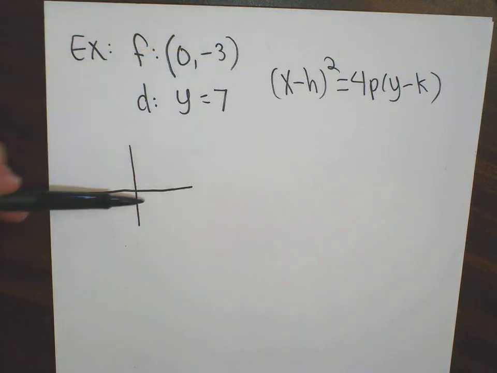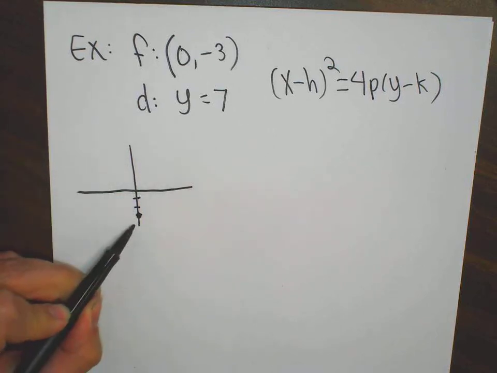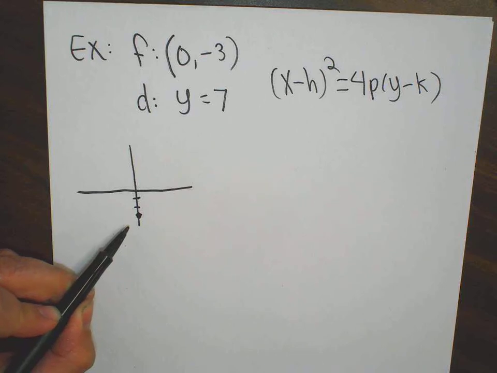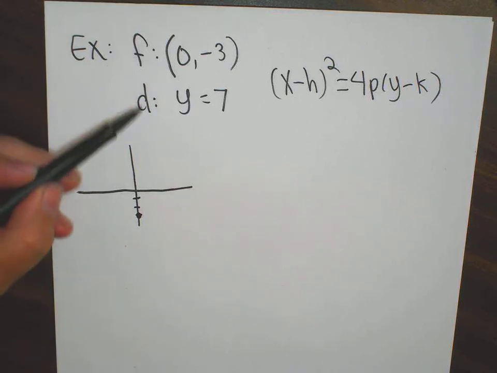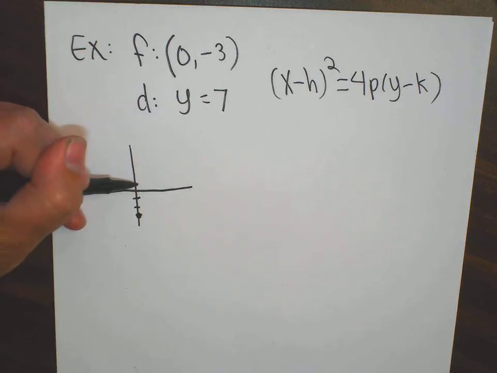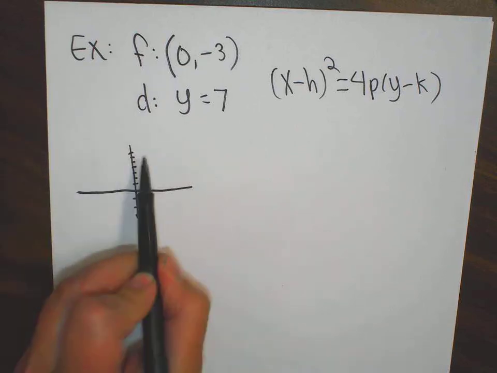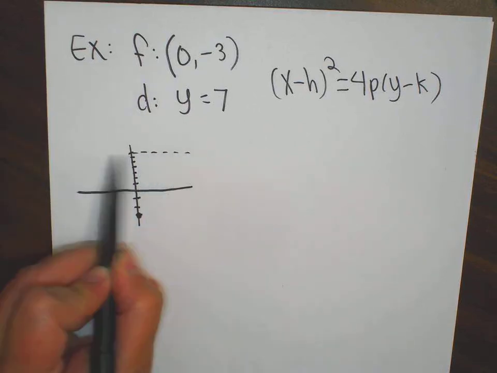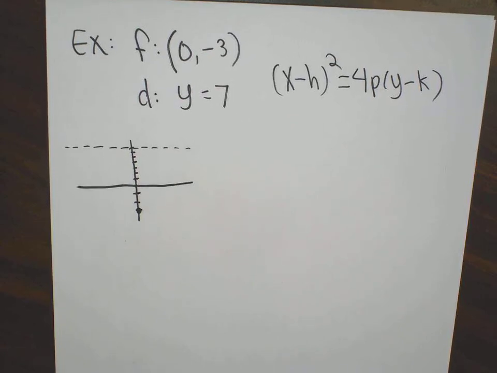This is x is 0 and y is -3. What does that point represent? Focus. My directrix is all the way up here at 1, 2, 3, 4, 5, 6, 7. My directrix is at y equals 7. Where is the focus in relationship to the parabola?